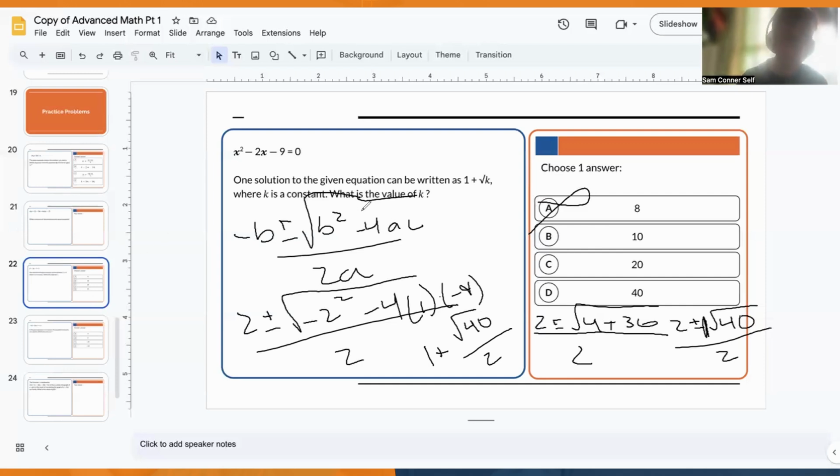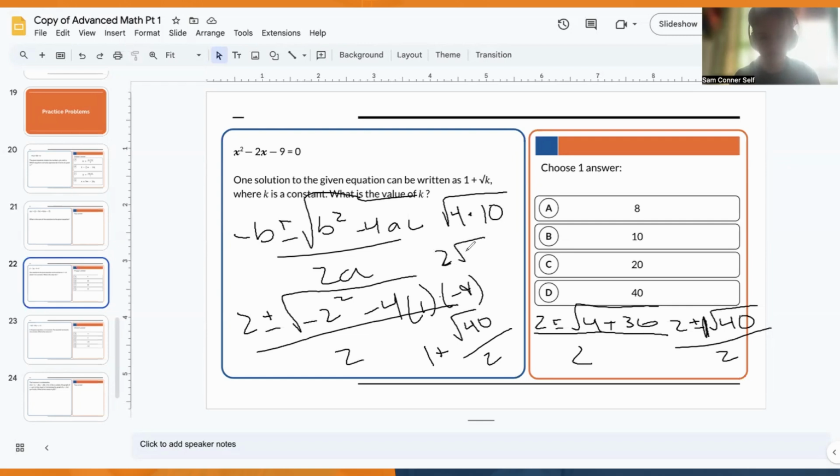Actually, I'm not going to eliminate 8 yet because, looking at 40, you can't take a square root of it. However, there are factors in 40 that have squares. So writing this out, it would be 4 times 10, which is going to simplify to 2 times the square root of 10.